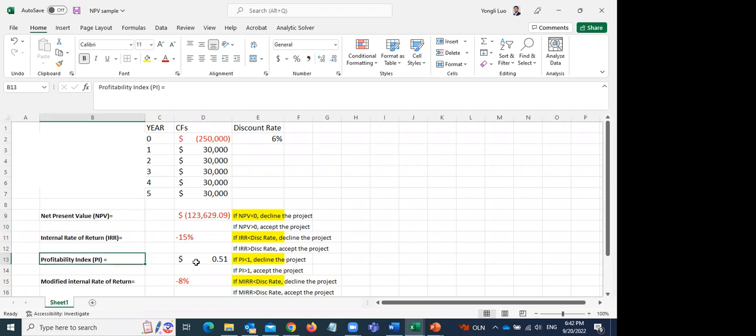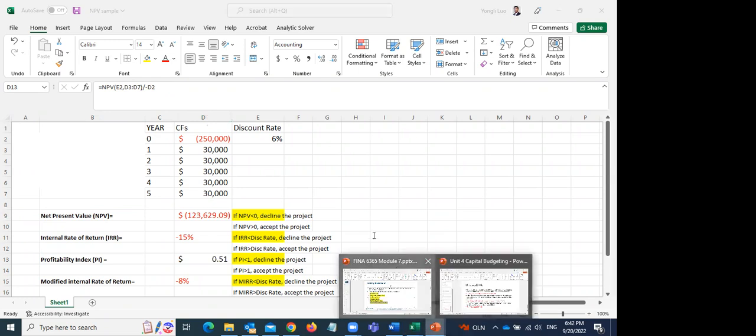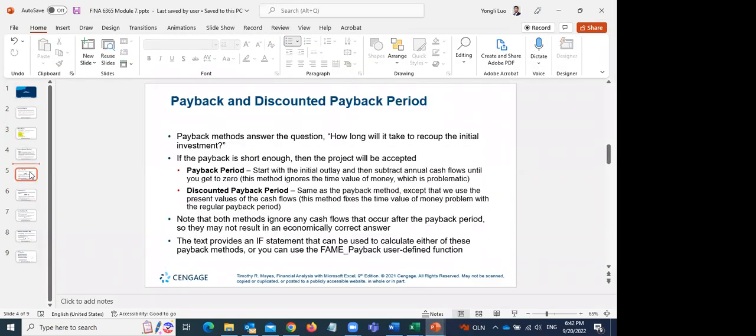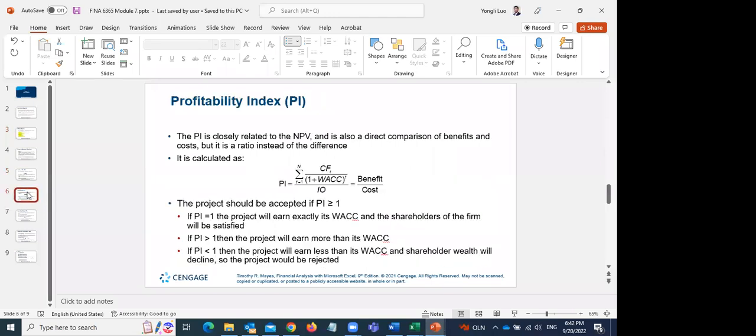Profitability index is going to be, you calculate the net present value of all this divided by the initial investment. I'm going to show you the formula for profitability index. Profitability index is the sum of all those cash flows, divided by 1 plus the WACC.